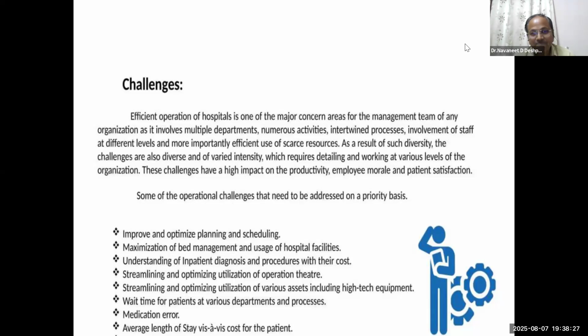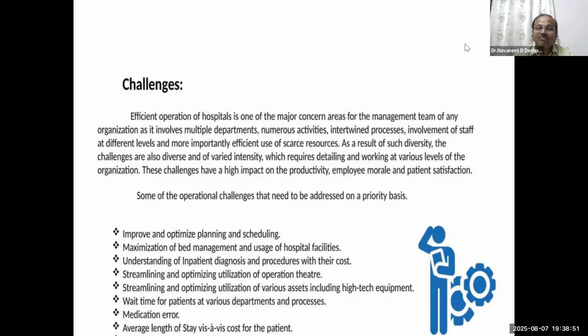The second one is bed management, because there are a certain number of beds and the days are also limited. We cannot endlessly keep all the patients. We may have to stagger them at various levels, and we may have to intimate them when is their time for a certain surgery, or when is their exit time, when they can do the checkout. All these things have to be coordinated.